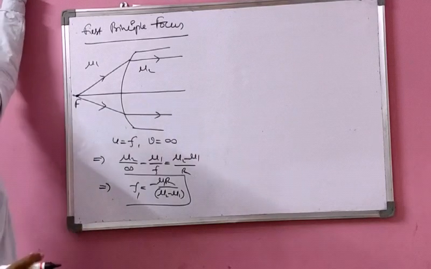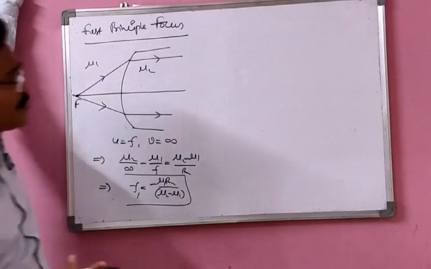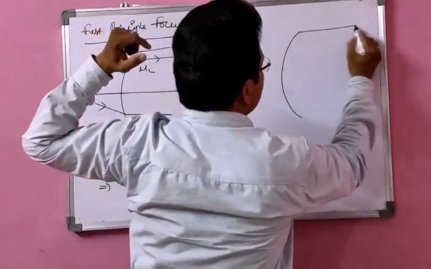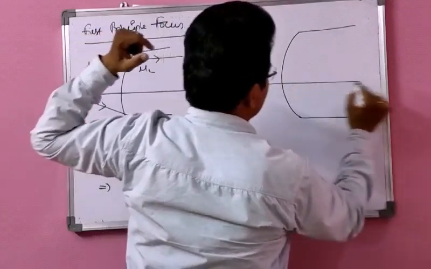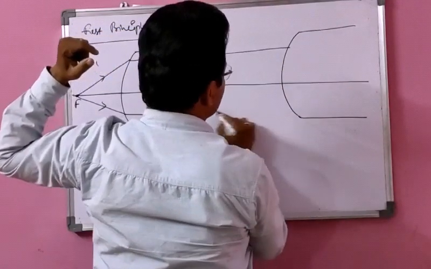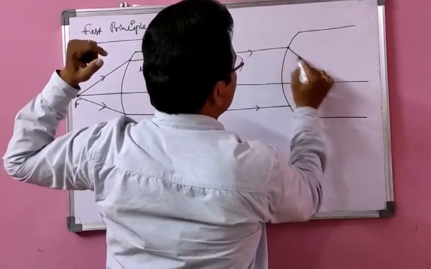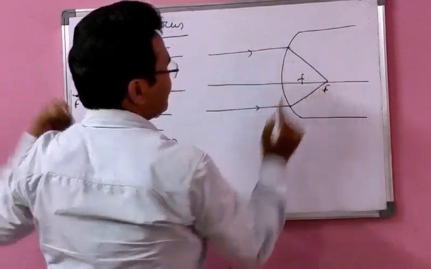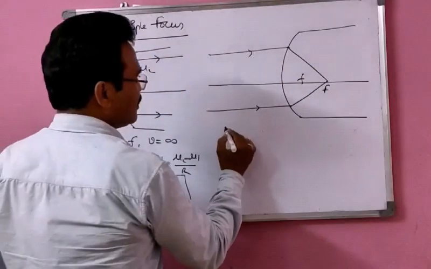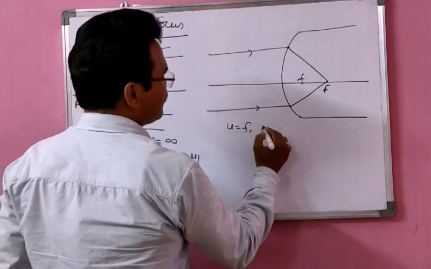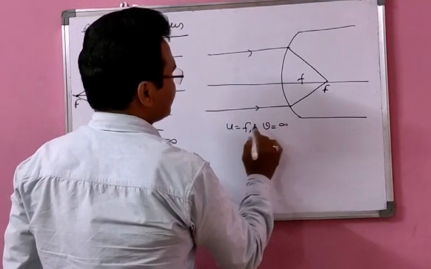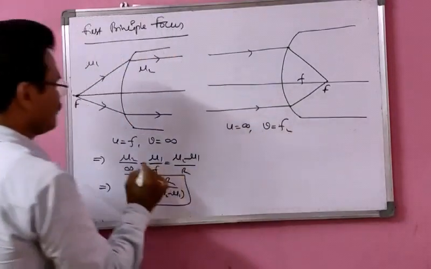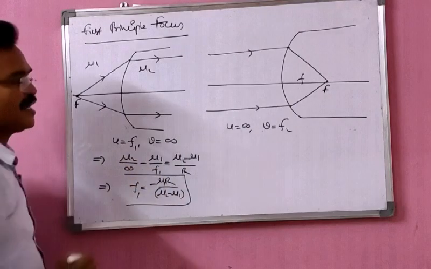Now the second case is here. In this one, this is the spherical surface. The rays are coming parallel. When the rays come parallel, they are going to merge at the focus. So this is F here, rays are coming from infinity. Means here u equal to infinity, v becomes F. I'm writing F2 here, and F1 for the sake of understanding.